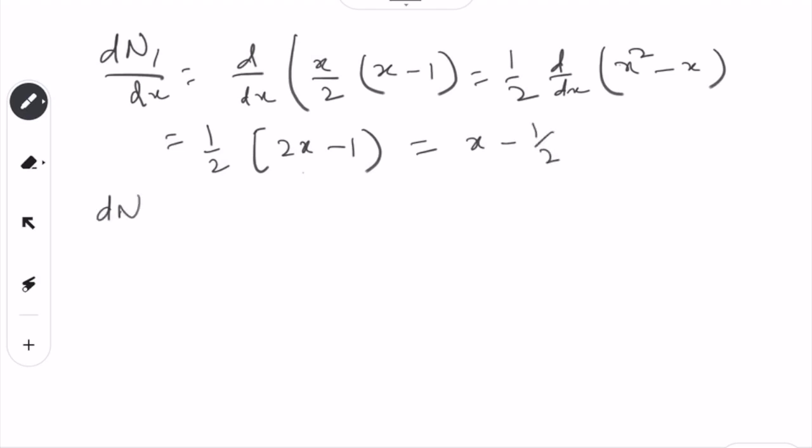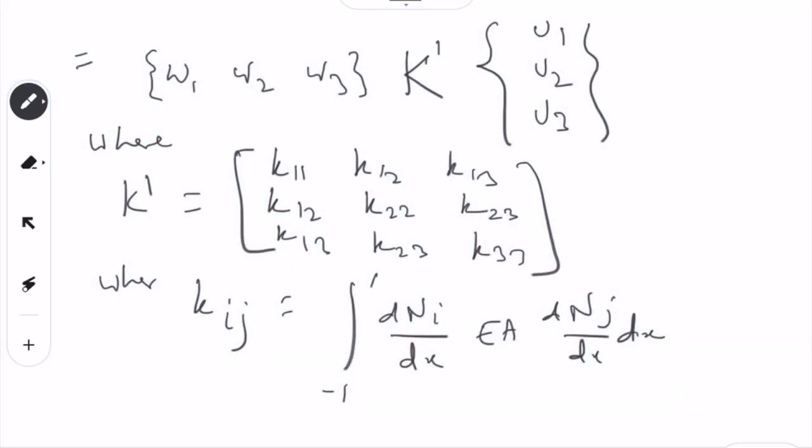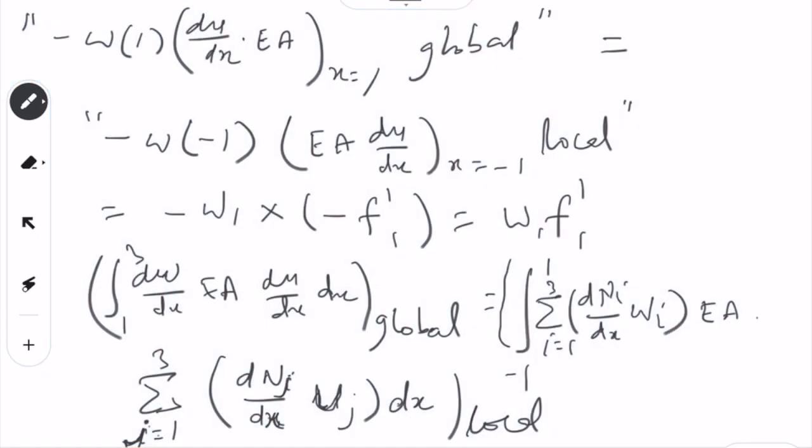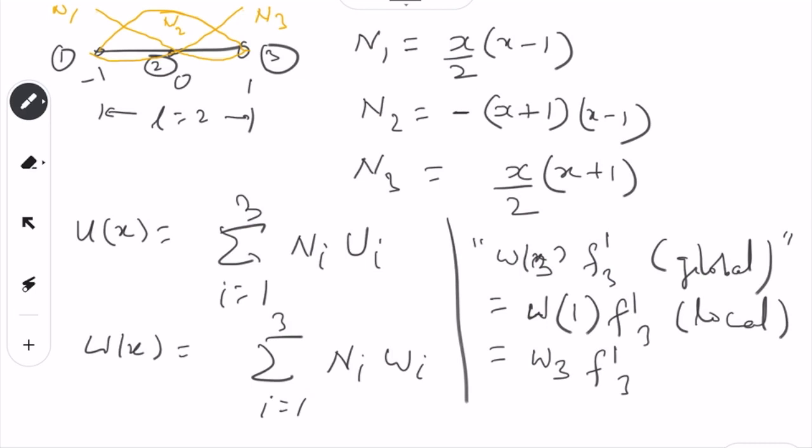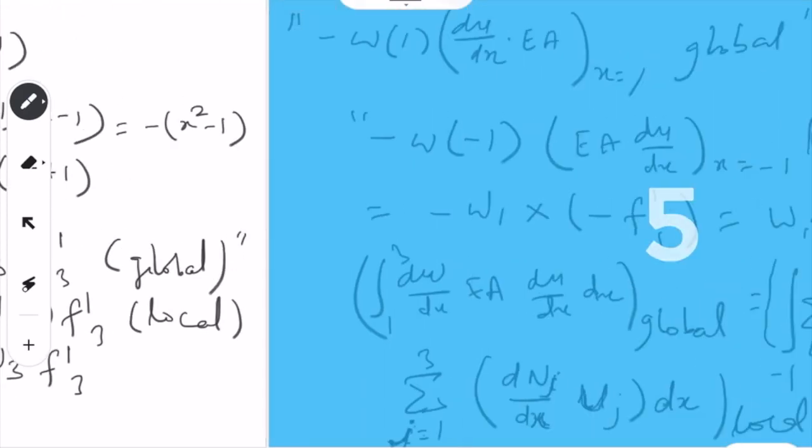Similarly, dN2 over dx equal to d over dx of (1 minus x square), so let us see those values.